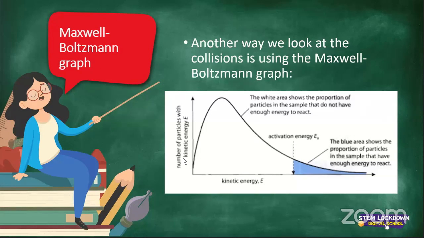So one very important thing to remember, everything underneath the curve is all of the particles that take place in your reaction. Okay, and that blue bit, so the dashed line over there is your activation energy. That's where it shows on your graph that you've got activation energy, and everything to the right of that dashed line will be particles with enough activation energy.